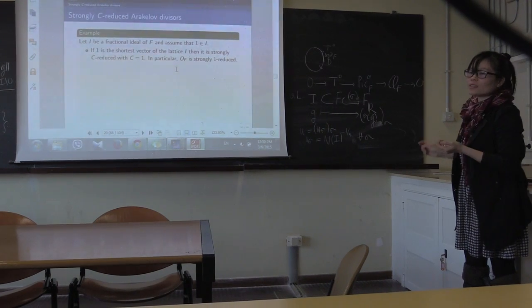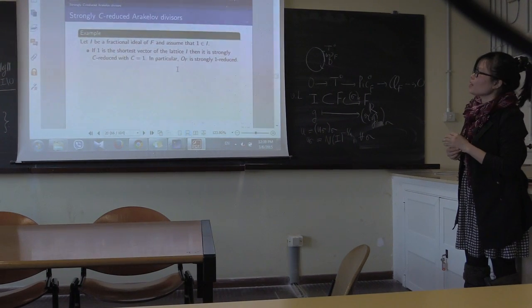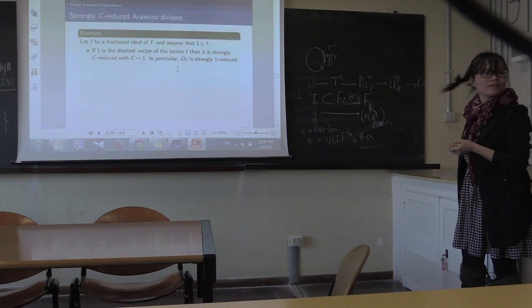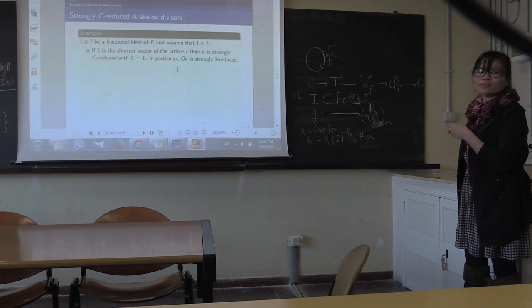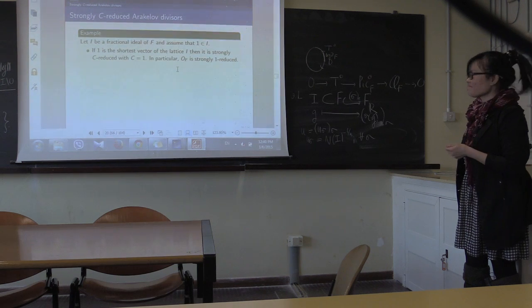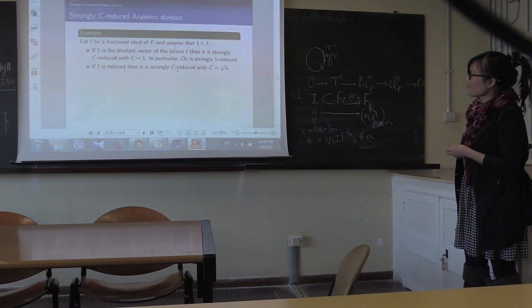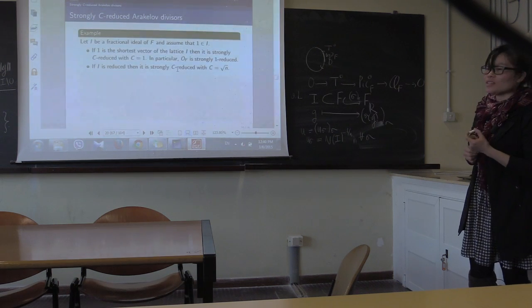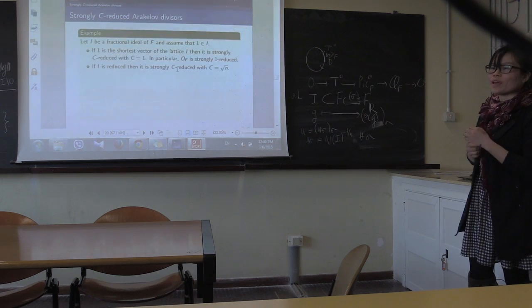If 1 is a shortest vector of I, then I is strongly C-reduced with C equal to 1. So we have that O_F is strongly 1-reduced. And if I is reduced, then it's also strongly C-reduced with C equal to square root of n.